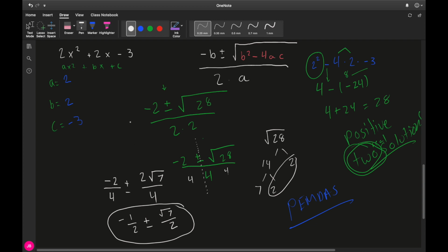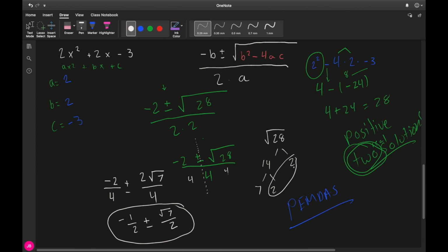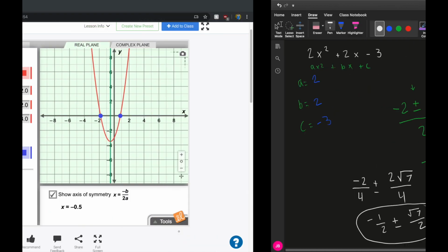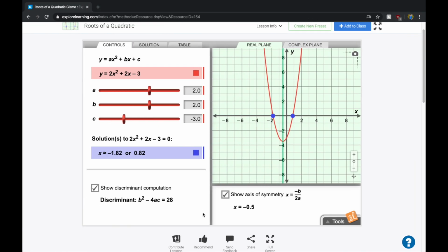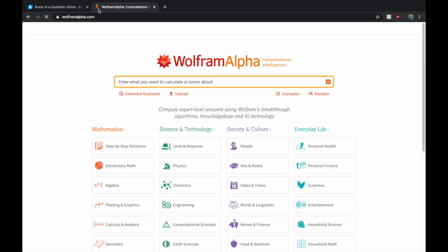And if we look at the Gizmos, they give you 2 answers that are both in decimal form. So I want to solve this just to see if they give you the right answer. So we have negative 1/2 plus or minus the square root of 7 over 2. I'm going to go to my favorite online calculator, which is called wolframalpha.com.